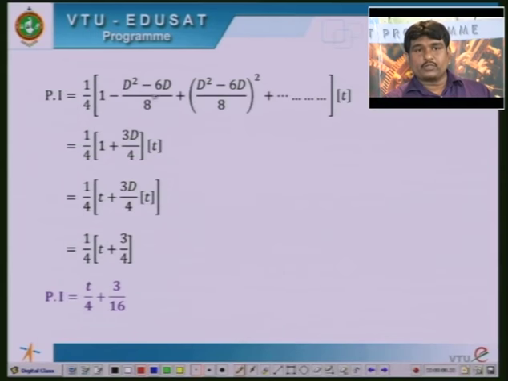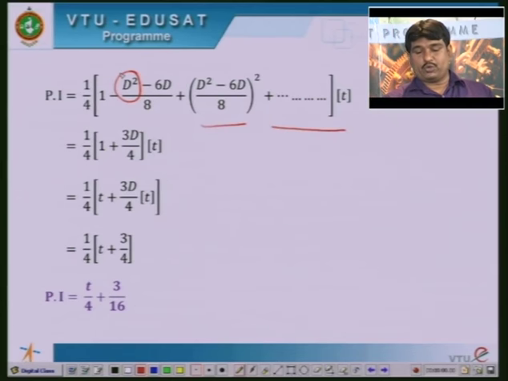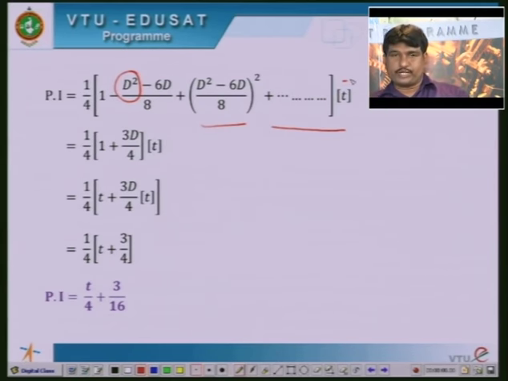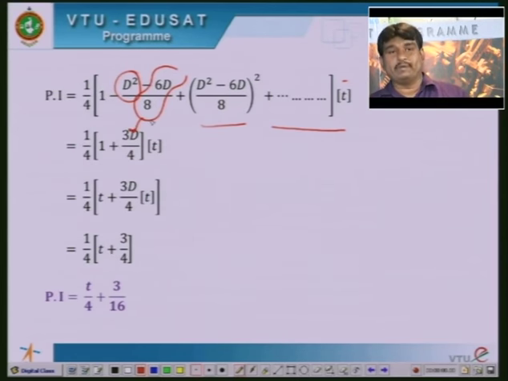Listen, D square minus 6D by 8 plus D square minus 6D by 8 the whole square and so on. So it's an infinite series. When you operate D square on t, it becomes 0, second order derivative of t is 0. So I have ignored that term. Yes, when you operate this on t, it exists. So I have retained that term, which is 3D by 4.